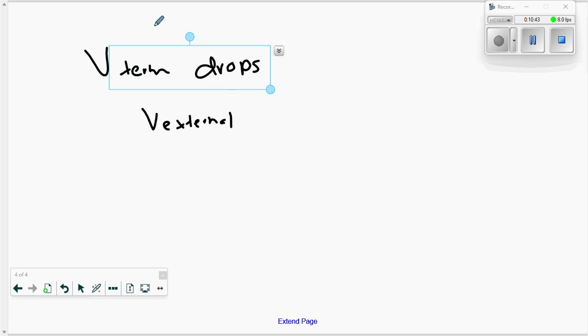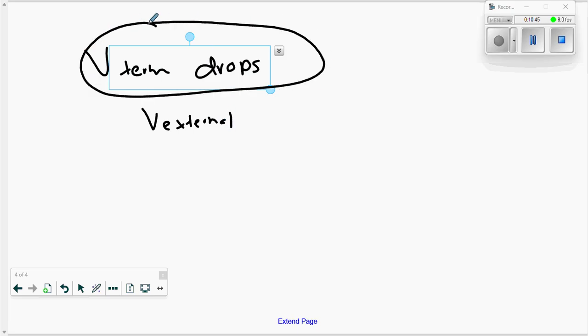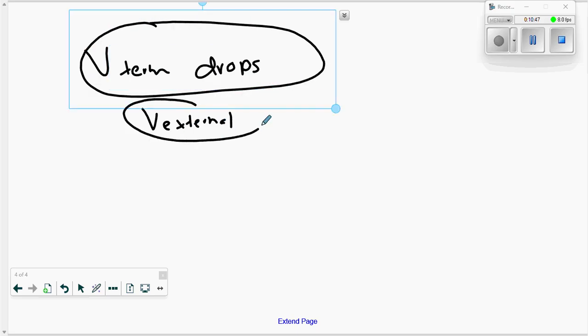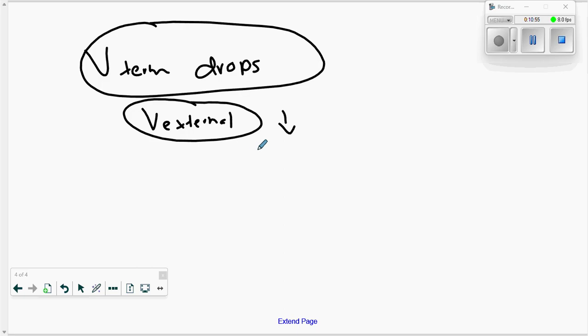So when they say the terminal voltage drops, they are telling you that the V external is dropping, is decreasing. It's one of the concepts that come up in a lot of past exam papers, that the question will say that the V terminal is dropping, or the terminal voltage, or the voltage across the terminals drops.